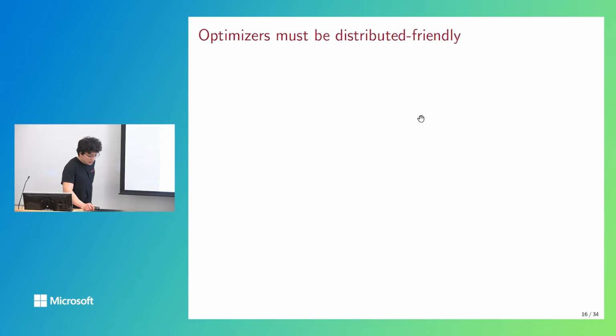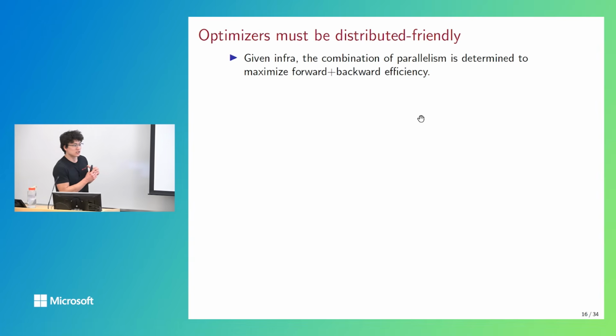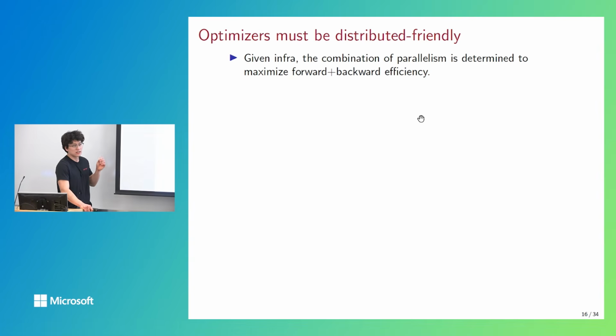Okay, so given all this, as an optimizer designer, you should really think about whether your new optimizer is distributed training friendly. Because given the infrastructure of your training run, the combination of the parallelism strategies that I mentioned in the previous slide is determined to maximize the efficiency of the forward and backward part of your training.